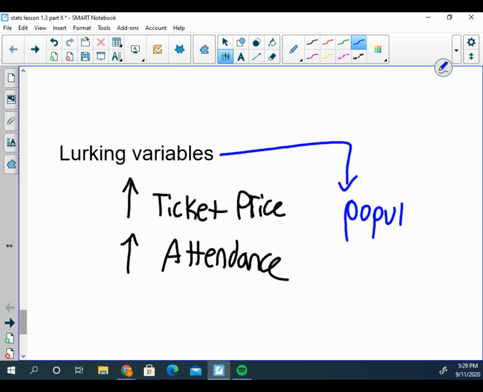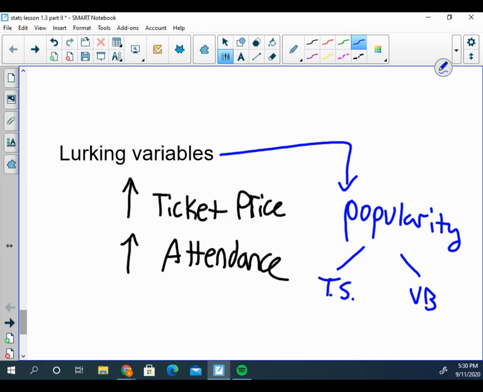The popularity of Taylor Swift, right? Popularity is probably the reason for both situations. It's why Taylor Swift gets a bunch of people to pay up high prices and a bunch of people go to her concert. And consequently, it's why Van Buren charges low prices and still maybe not a ton of people come. Because outside of Van Buren, Ohio, not a ton of people care about Van Buren football.